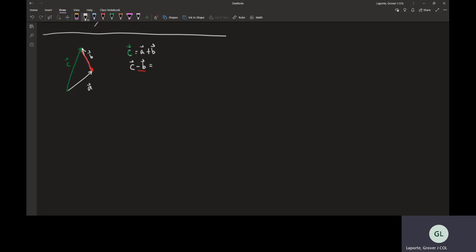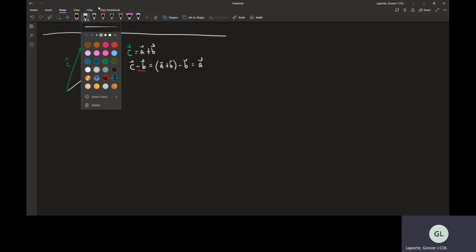And what would that be equal to? It makes a lot of sense. Algebraically, C is equal to A plus B, and when I subtract B, I better get A. If we did the tip to tail method here, let me use another color, orange, C goes up to here, and then I take -B and put it on the end, and we get back to A. So that makes sense both algebraically and geometrically.